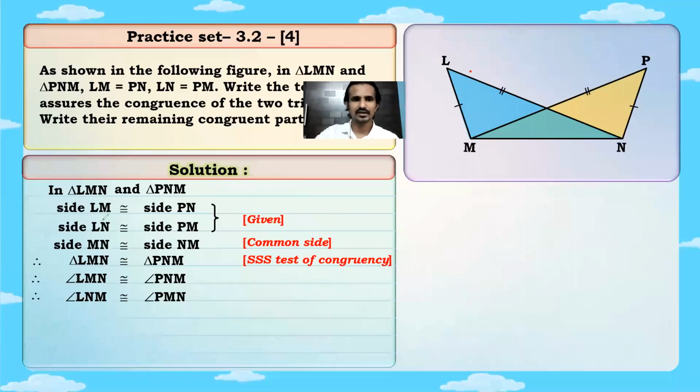And the last pair would be angle L, which is at the top, like you can see, and angle P. So these are the two angles L and P, okay, marked in green color. So we say angle NLM congruent to angle MPN. Write down this third pair of angles.